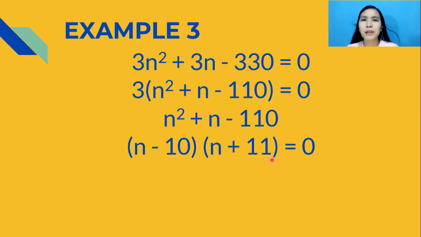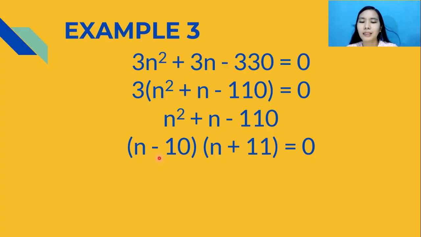By using the FOIL method to check if these are the correct factors, multiply the first terms, n times n, which is n squared. Then the outer terms, n times 11 is 11n. Negative 10 times n, the inner terms, would be negative 10n. So 11n plus negative 10n would be positive n, or 1n.